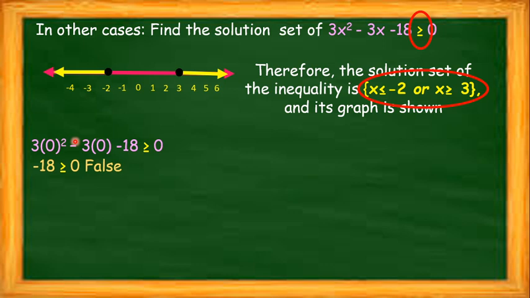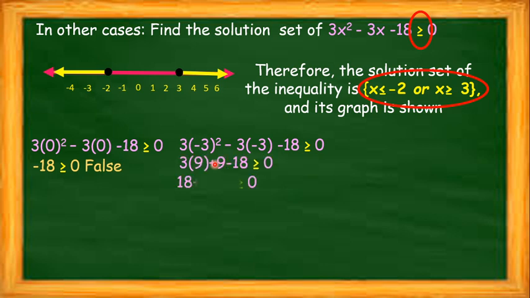Now let's try the number at the left side of the critical point, negative 3. We get 9 greater than or equal to 0. Is it true that 9 is greater than or equal to 0? Alright, that is correct. Therefore, the numbers here, which is negative 3 and so on, are part of the solution.